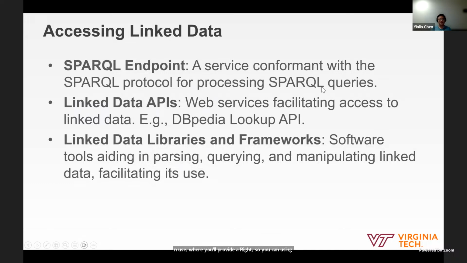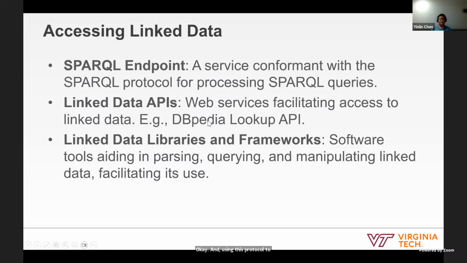The thing is, you need to understand how to write SPARQL queries. Also there are libraries: if you are a developer, you can use these libraries to program and use this protocol to access linked data.